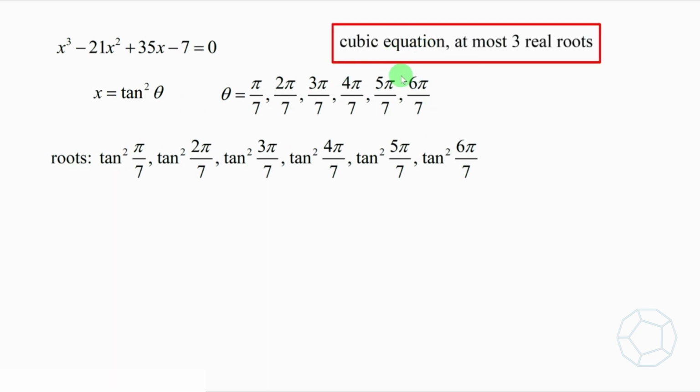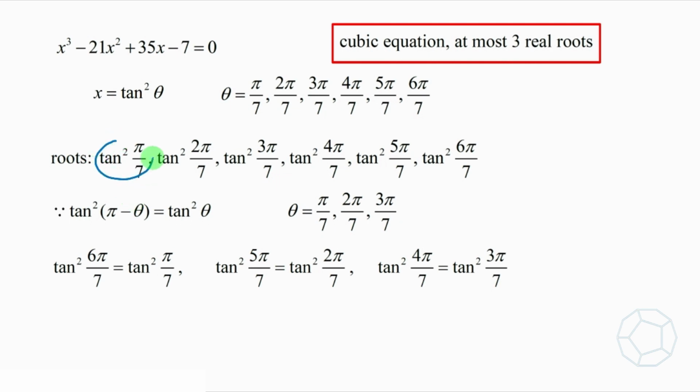However, this is a cubic equation with at most 3 real roots only. Indeed, some roots are equal. Because tangent squared of pi minus theta is equal to tangent squared theta, if we put theta equals to pi over 7, 2 pi over 7 and 3 pi over 7 into the identity, then we'll have the following results.